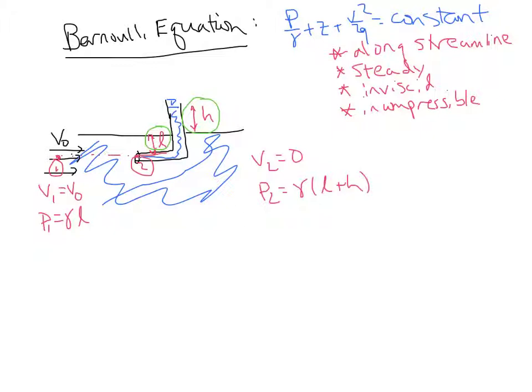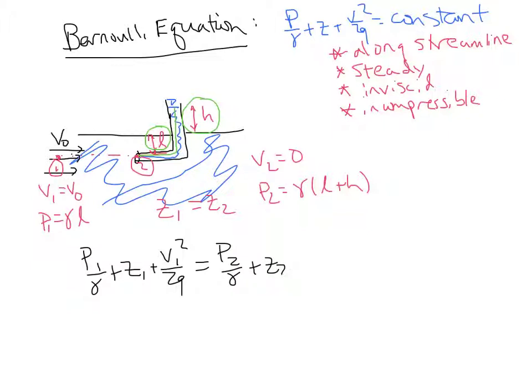So what we're doing is using hydrostatics within the tube to define the pressure at the opening of the stagnation tube. Finally, we need to assume that Z1 is equal to Z2, and with that we can then assemble our Bernoulli equation. So P1 over gamma plus Z1 plus V1 squared over 2g is equal to P2 over gamma plus Z2 plus V2 squared over 2g.